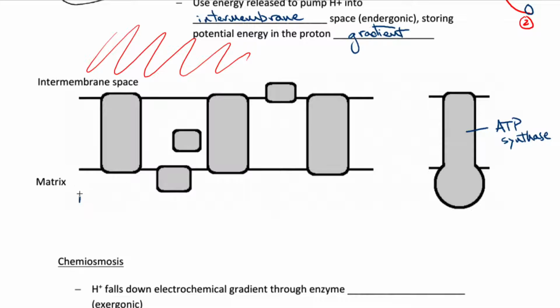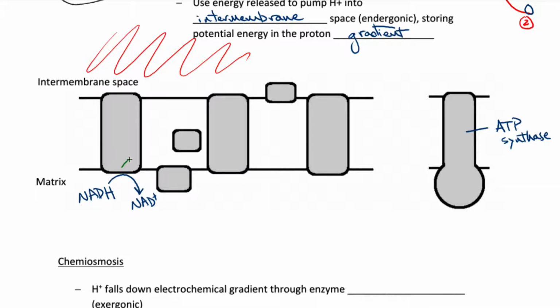So if we start with NADH, and remember this NADH has come from either glycolysis, so it had to get from the cytoplasm into the matrix, or it was made in the matrix in the Krebs cycle. It's going to feed into the first protein here, and it's going to be oxidized to NAD+, and its electrons are going to be passed into the chain. I'm going to draw the electrons here in green, let's say.